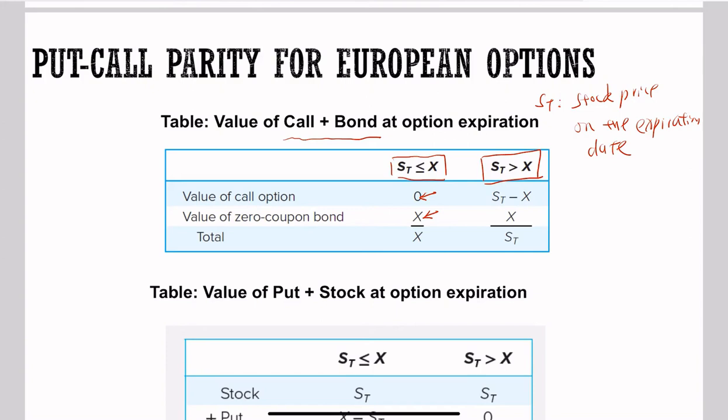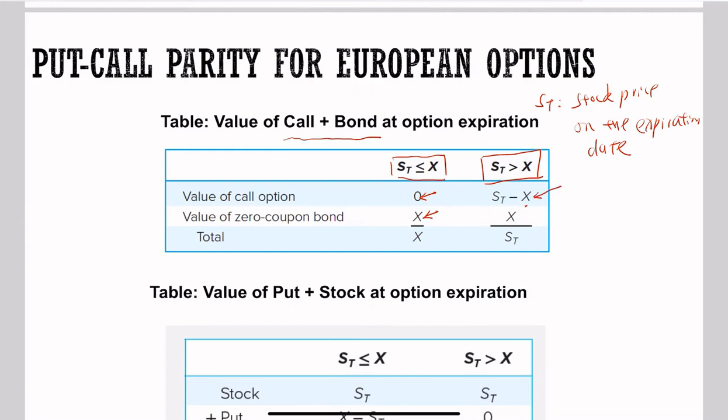If the price is larger than the exercise price, then this is good news for the call option holder. This call option holder will want to exercise the call and buy this stock at a price of X. So the payoff of the call option would be the market price minus the exercise price. That's why you get ST minus X here.